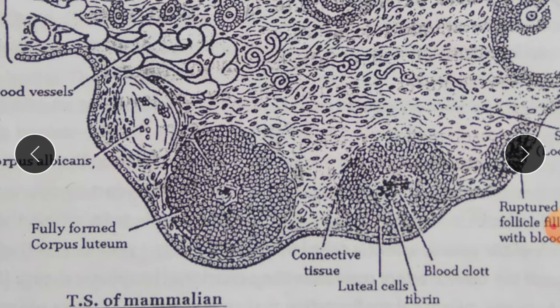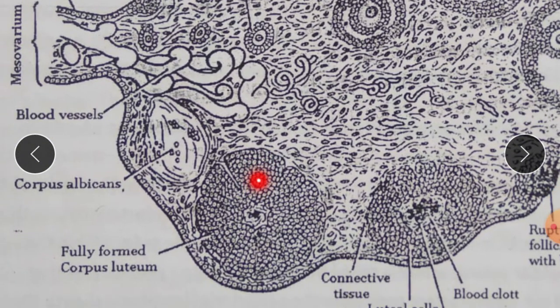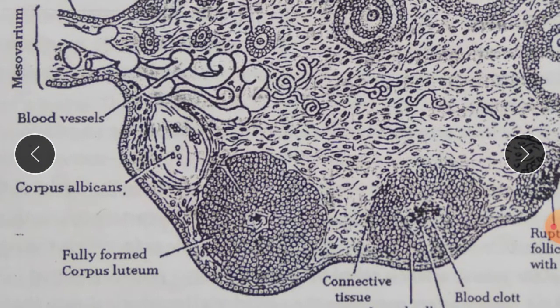Corpus luteum is yellowish in color, and these cells start to produce another female sex hormone called progesterone. Progesterone is produced by corpus luteum. If egg is fertilized, the life of the corpus luteum is also extended. If the released ovum is not fertilized with sperm, the corpus luteum gets reduced in size.